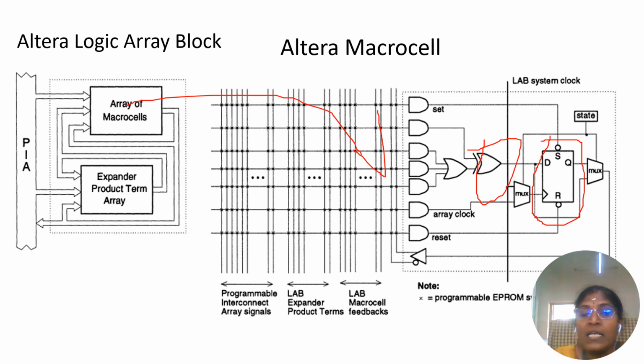Then it has a state line, which is used to enable the clock. The output is taken from this. So the macro cell consists of an exclusive OR and multiplexer, one D flip-flop, and a state line.